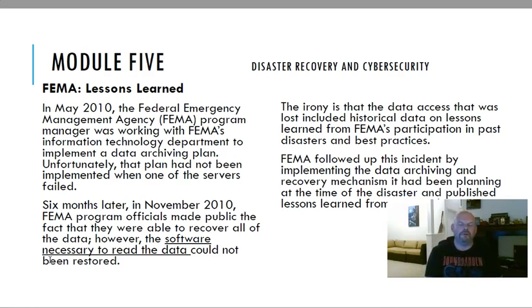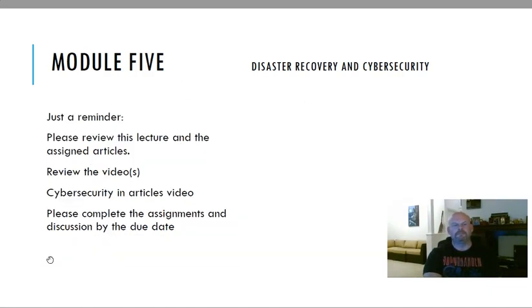So I would encourage you that if you are in that area, disaster recovery and cybersecurity are certainly areas that you definitely need to review and look at.